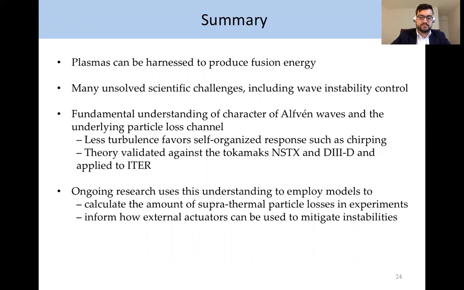What we learned from the theory was that less turbulence favors self-organized responses such as chirping, when you need to retain a lot of phase information of the resonant particles. And that theory was validated against the NSTX tokamak in Princeton and the D3D tokamak in San Diego, and further applied to ITER.